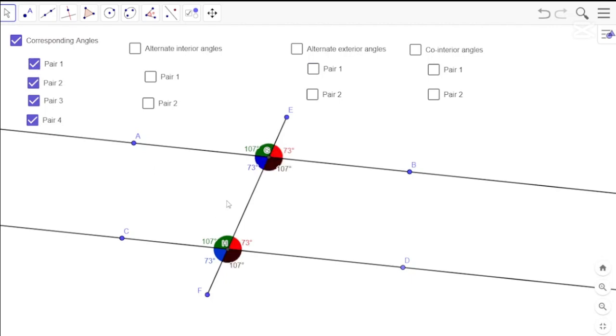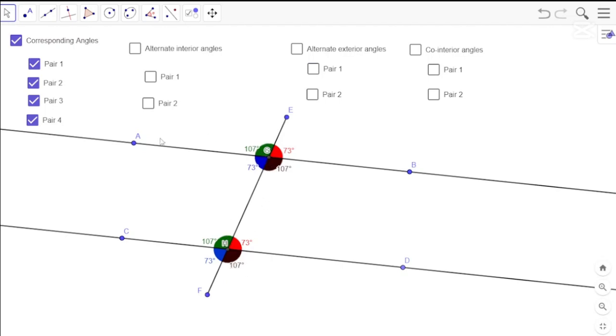So we can see that angle BGE is congruent to angle DHG. We can see the red colors. We can also see that angle BGH is congruent to angle DHF, 107 degrees and 107 degrees.